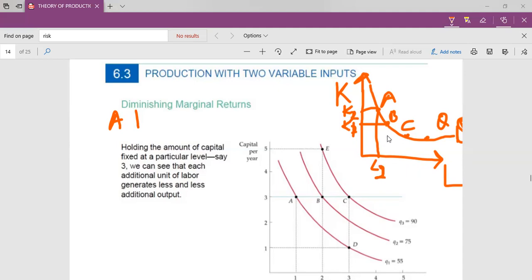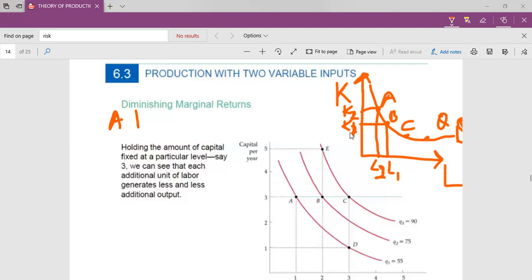And then this is L1. So for example, you can have two machines used, but one laborer employed to operate those machines in the production process. And then you get a given amount of output.